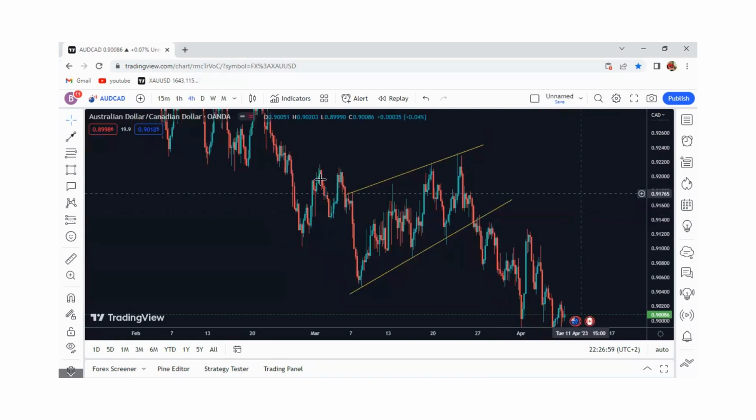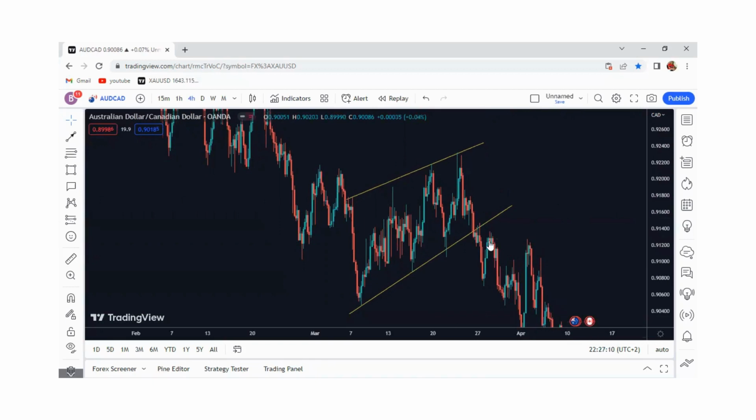Check first how it moves, impulse, correction, then you know that you're looking for a sell entry. Then be patient, guys. Be patient. Because especially here, when it breaks, a lot of people do get in, but eventually it comes back and takes them out. So be patient, wait for it to break, then come for a retest, and also check your zones.